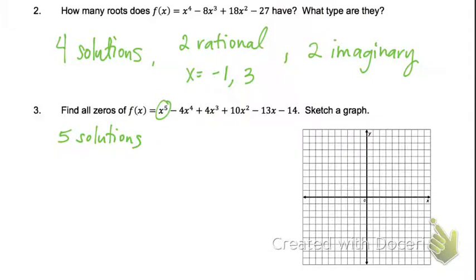So when you graph it, what whole numbers or fractions do you find when you graph? You get -1, and that's a multiplicity of 2 because why? Because it bounces off, so here it's going to bounce off, and then what is another one that you get? 2. So I have an x-intercept at -1 and +2.